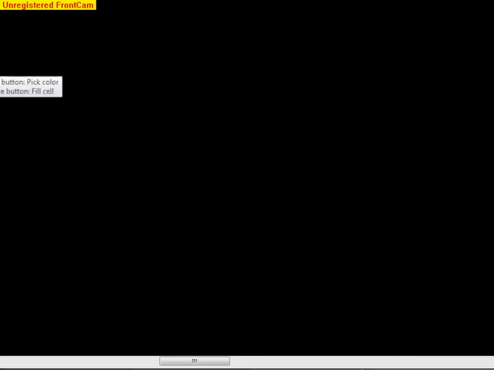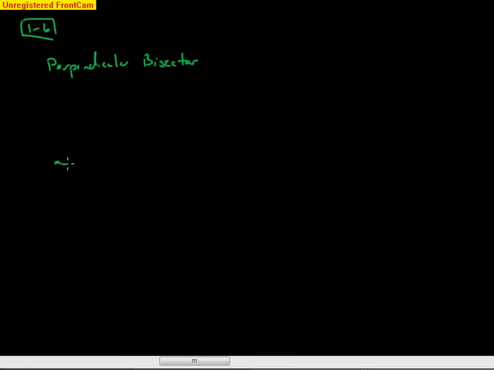Section 1.6 had two major constructions in them. The first one is for a perpendicular bisector. And I'm just going to walk through the steps with you. So it starts with a segment AB.